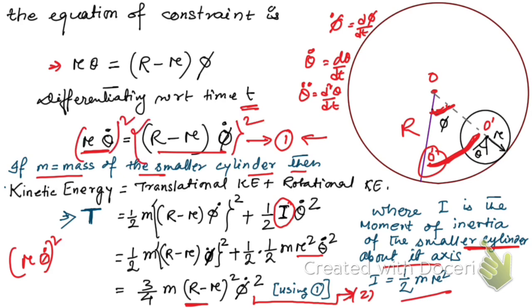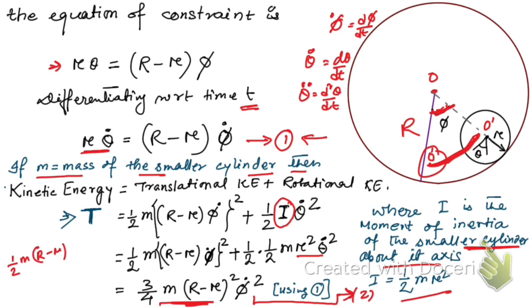So when you square this, then you're gonna get square of this, right? Okay, so now this is replaced by this result from equation number 1. So using equation number 1, we have got this expression. Once you put this here, you see what we have got: half m capital R minus small r whole square phi dot square, plus this 1 by 2 into 1 by 2, that's going to be 1 by 4.